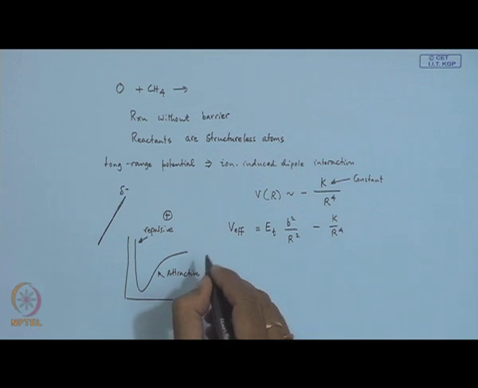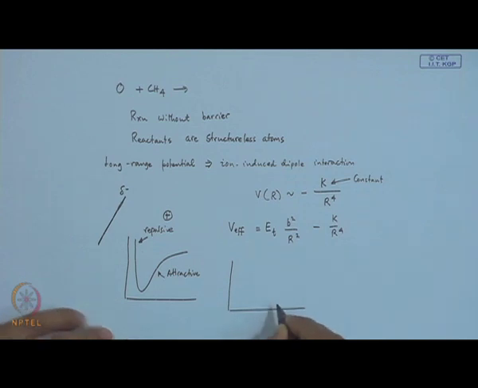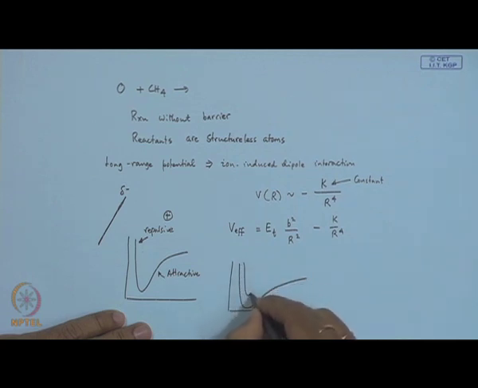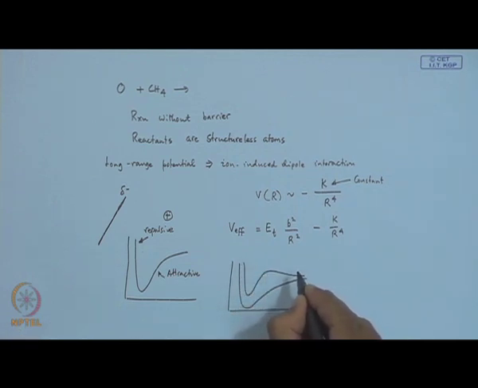So the thing is there are different types of barrier. Let us see if we have that particular representation. So the barrier will be like this, maybe somewhere it will be like this.